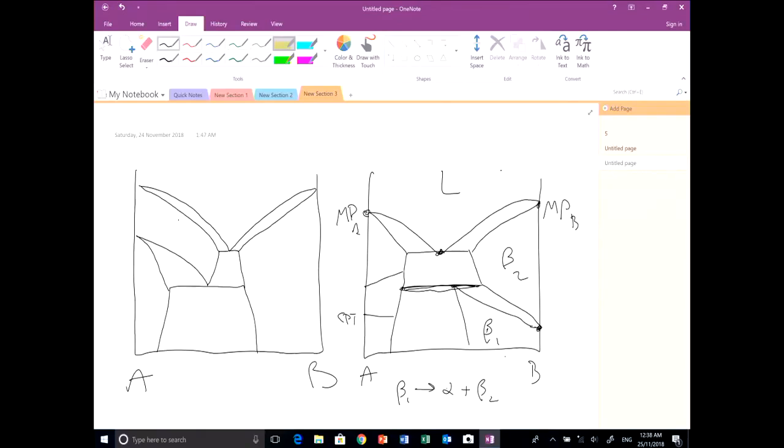They do happen occasionally. What is it? It's a crystallographic phase transformation that changes temperature depending on how much B you have dissolved in it. Okay, you see that sometimes too.